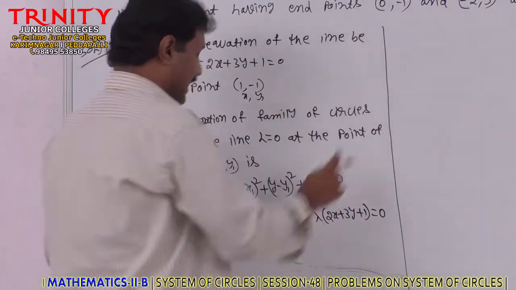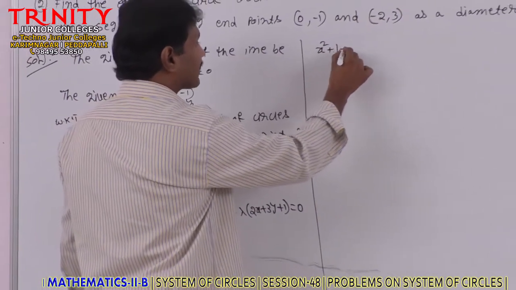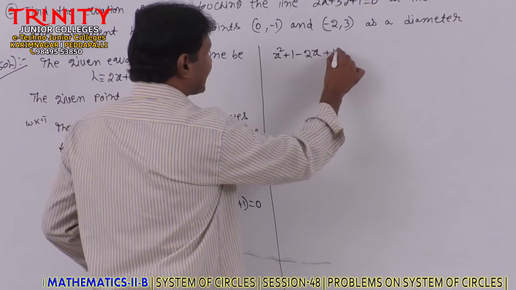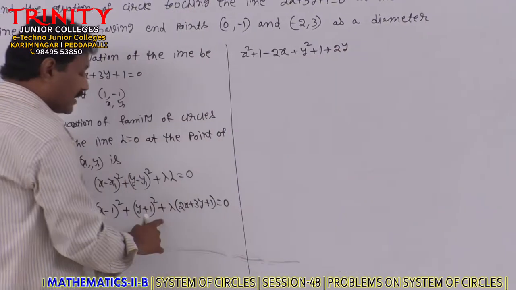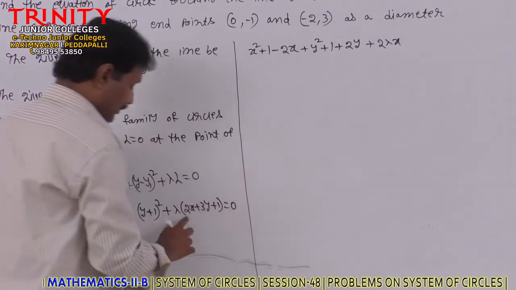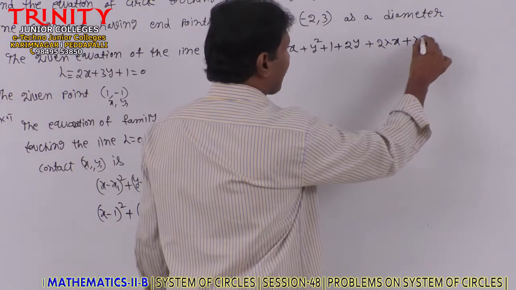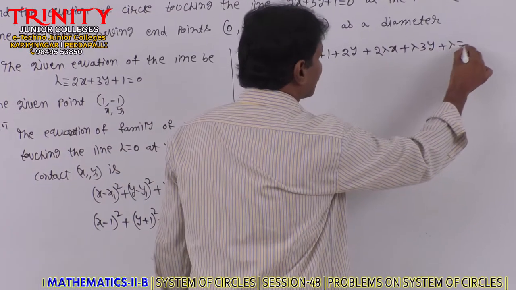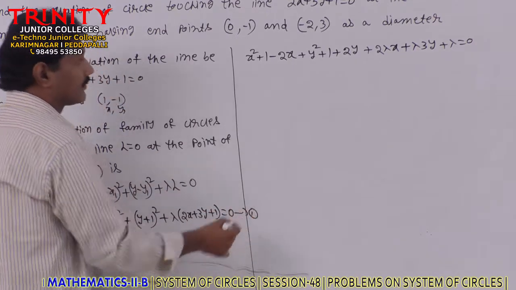Expand this equation. This is of the form (a minus b) whole square, a square plus b square minus 2ab, and (a plus b) whole square, a square plus b square plus 2ab, plus lambda into 2x plus lambda 3y plus lambda equal to 0. Then it will be named as equation 1.